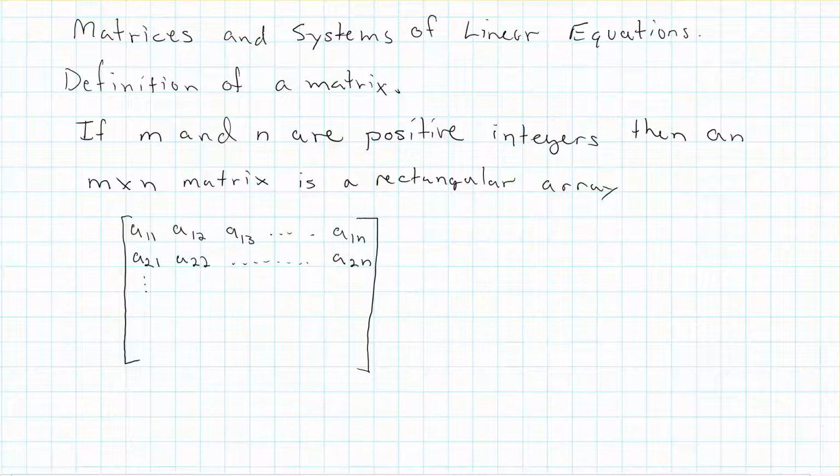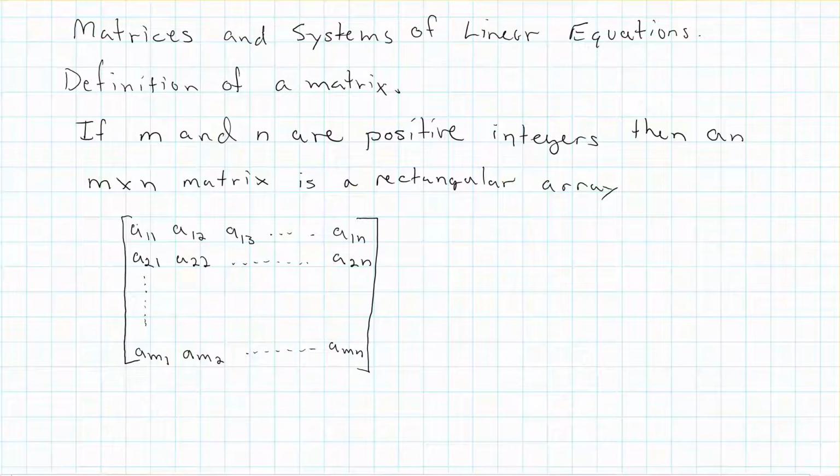Then we continue this pattern down here, and this would be a m 1, a m 2, all the way over to a m n. These subscripts are called indices, and it's double subscript notation, so that we can figure out what element we're looking at, because each one of these a's is an element.